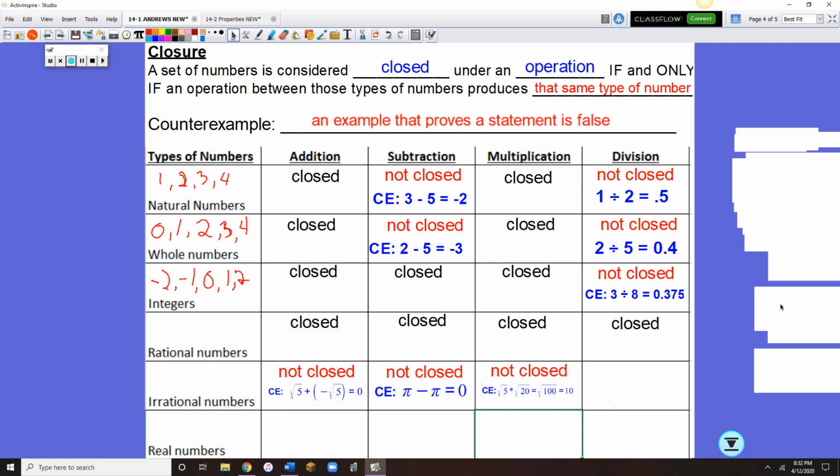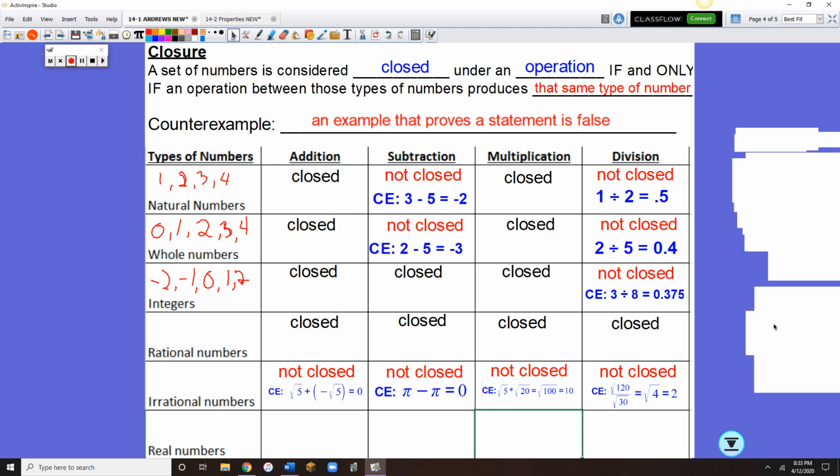Multiplication is not closed. If you type the square root of 5 into your calculator, it fills the screen. If you type in square root of 20 on your calculator, it fills the screen. But if you multiply root 5 times root 20, you get root 100. And root 100 is 10. 10 is natural, whole, integer, so 10's not irrational, so it's not considered closed.